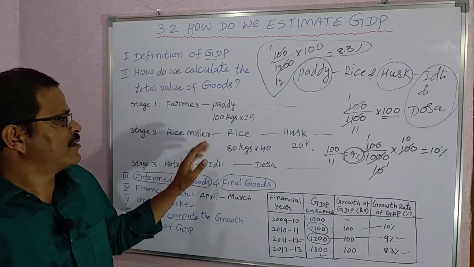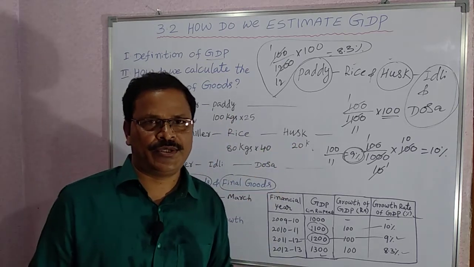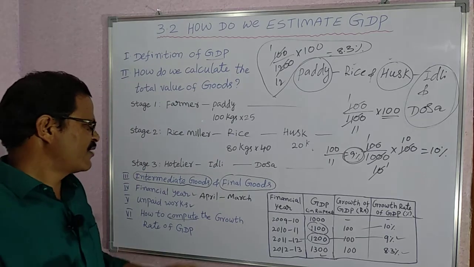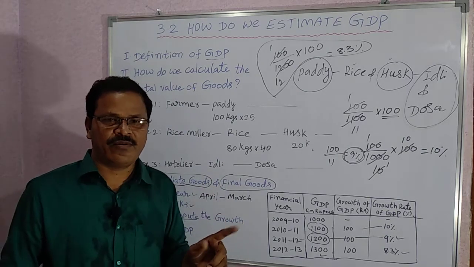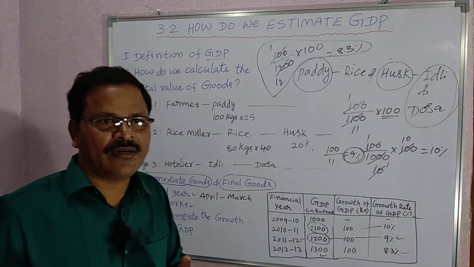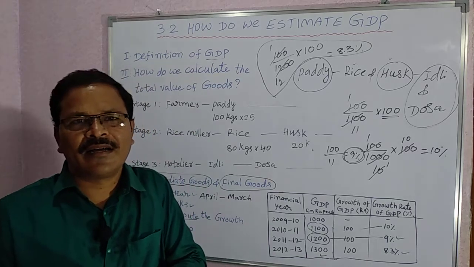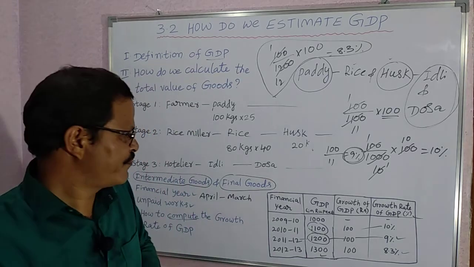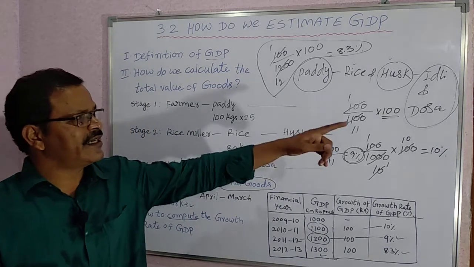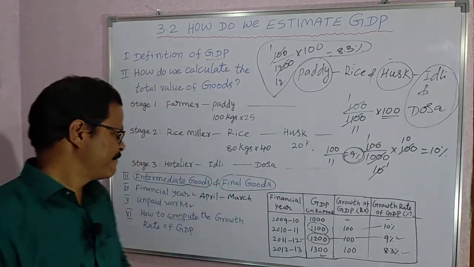In our example, paddy, rice and husk are intermediate goods. The second one is final goods. What are final goods? The goods which are ready to use are called final goods. In our example, idli and dosa are final goods.